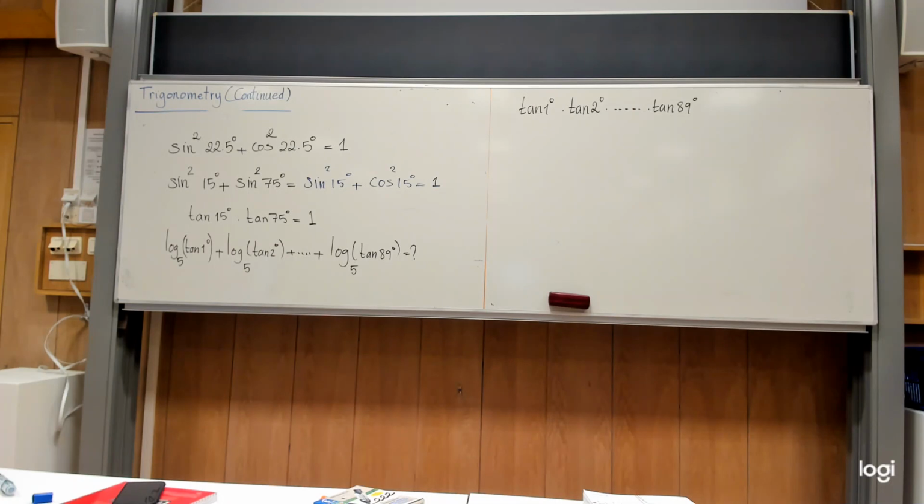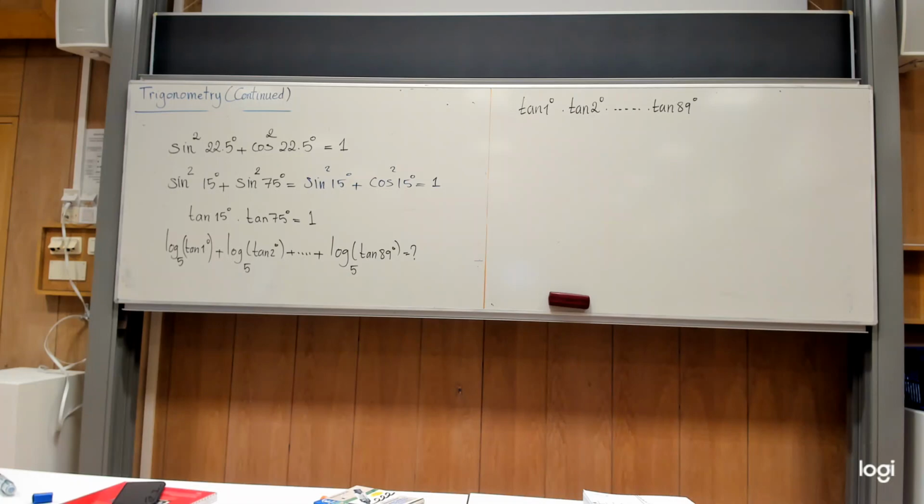It's again complementary, so it becomes 1. What is left over at the end? There are 89 angles, so if you group them in groups of 2, there would be 1 left. That one left is 45, and tangent 45 is 1. So it doesn't matter. So this product is 1.